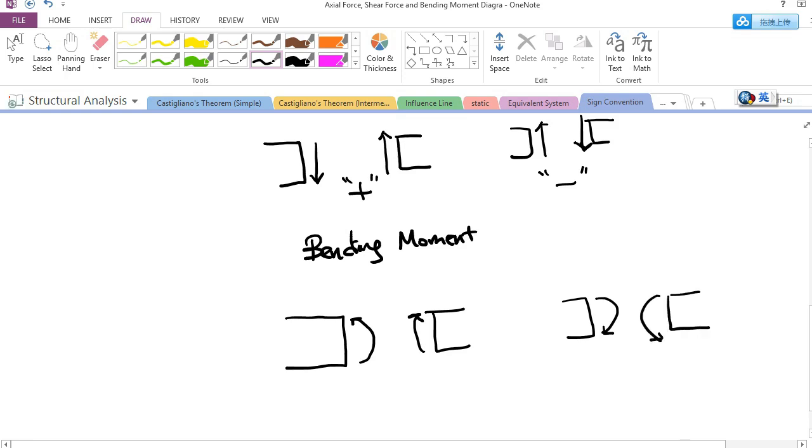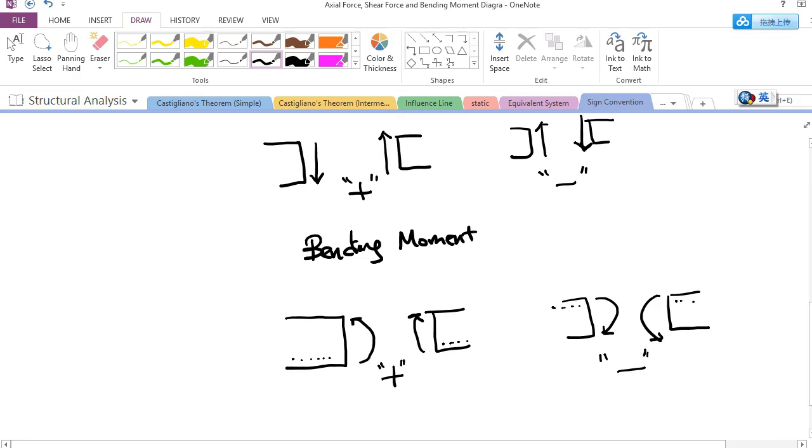For this pair of bending moments, the arrow is at the top, which means that the bottom is under tension. For this one, the top is under tension, which means that the bottom is under compression. So we call this positive bending moment. For this one, negative.